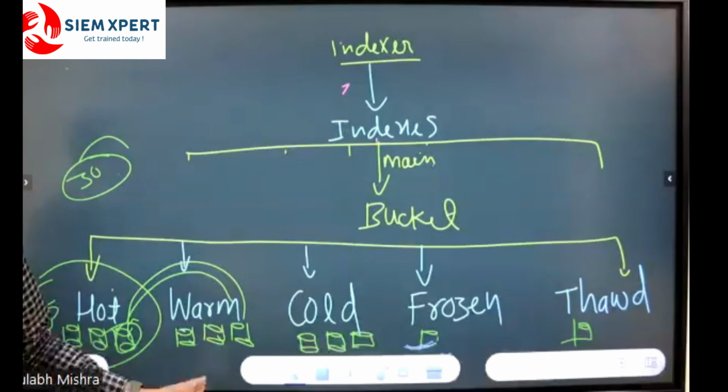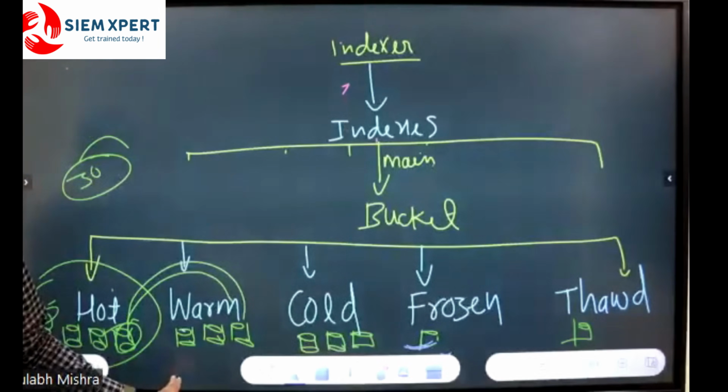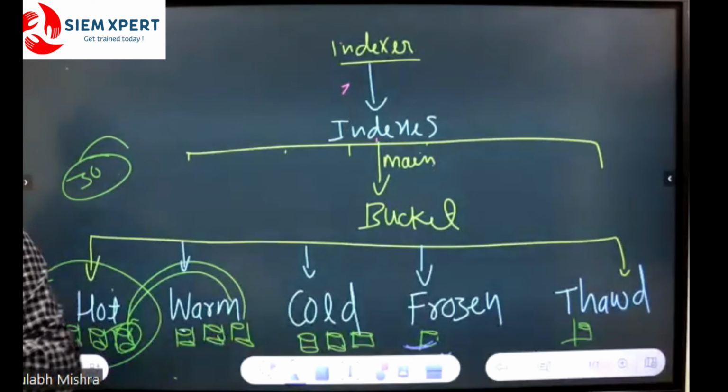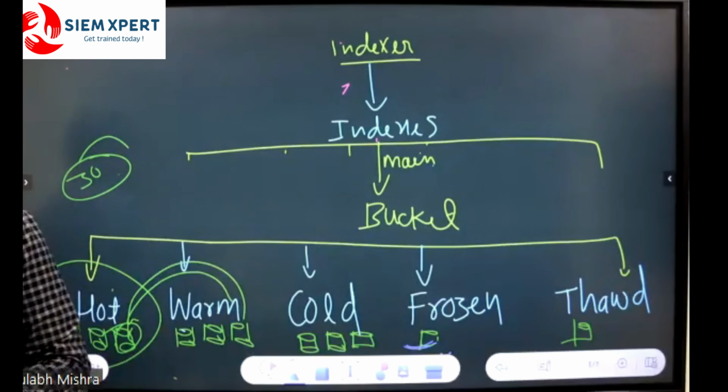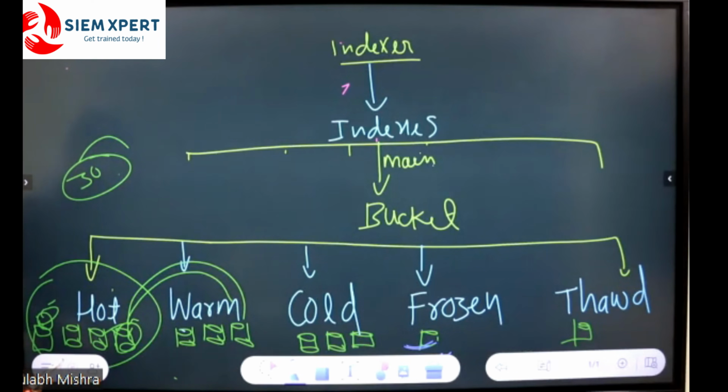So is there any storage limit in a bucket? That is what I'm telling. Every bucket will have a size, right? The multiplication of the size and the number of buckets defines the total storage. I already said, for example, 1 GB or 10 GB, however much you want to give as the size of the bucket, you can give the size as well as the number of buckets.